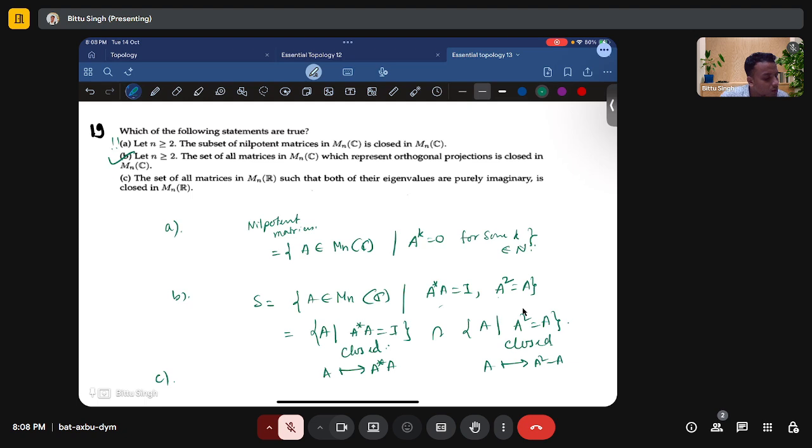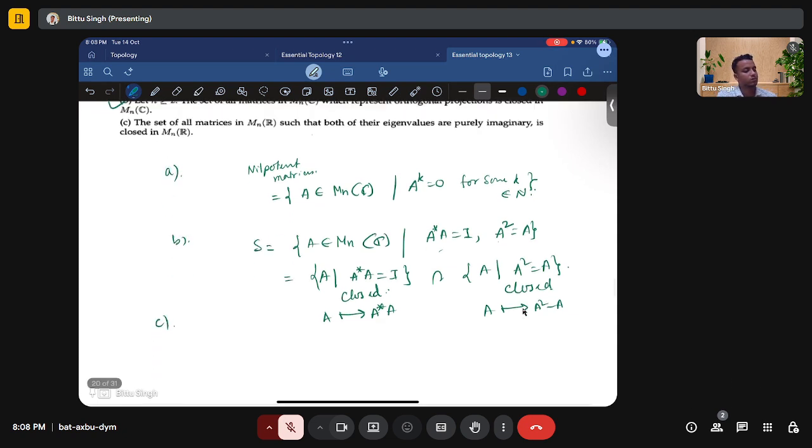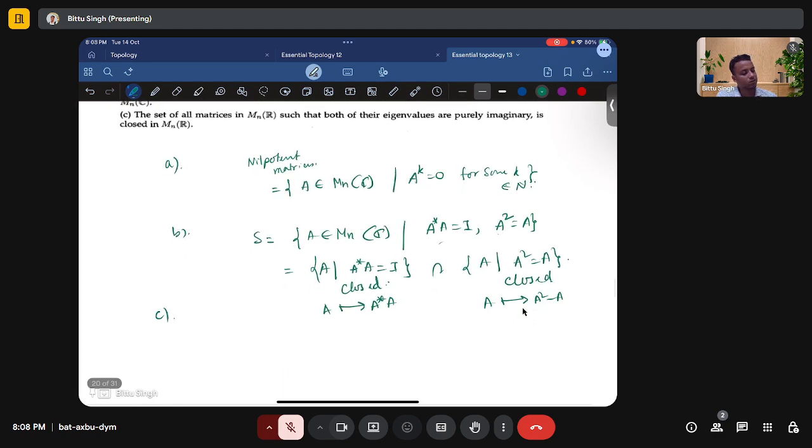What about C? In C, the set of all matrices such that all of their eigenvalues are purely imaginary. So C may not be true because for C we can construct this kind of matrix: 0, 1 by n, minus 1 by n, 0.